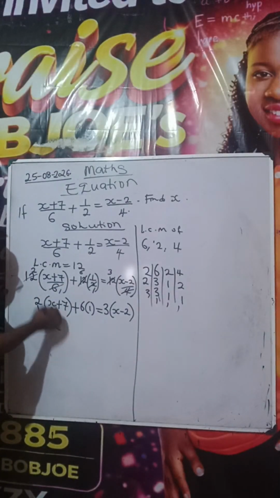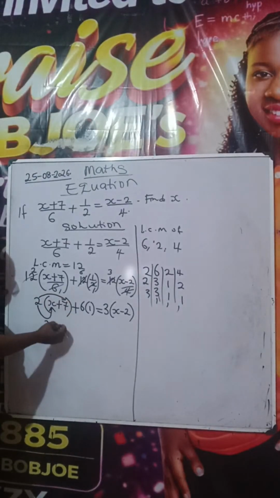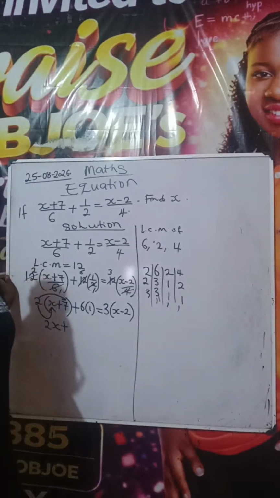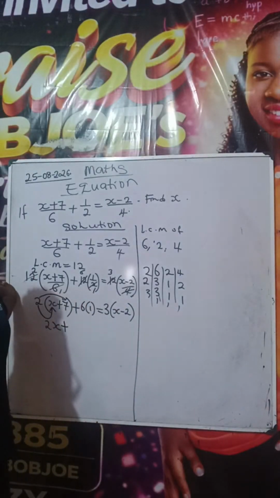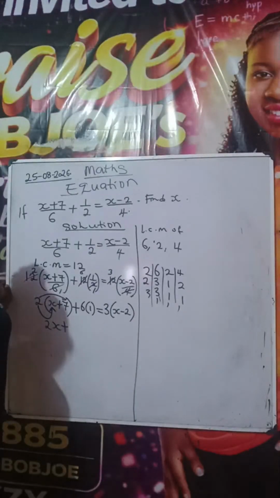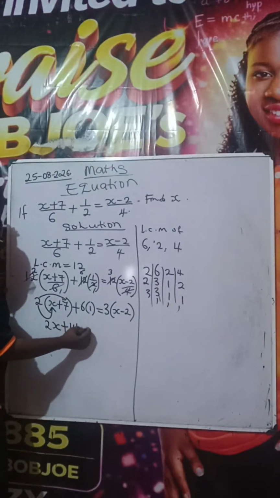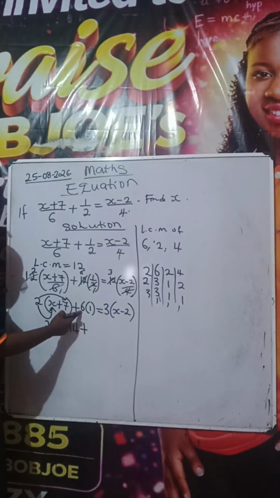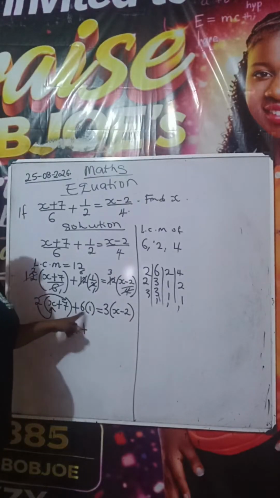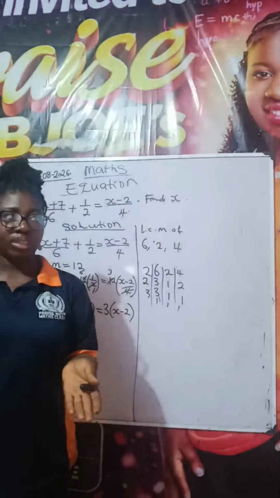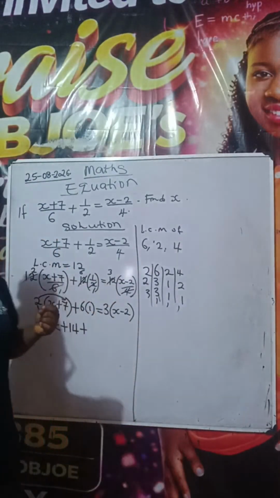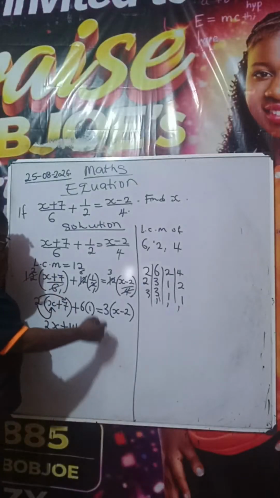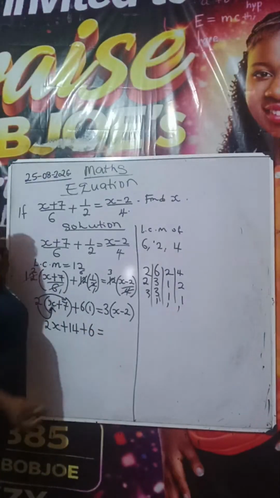Then 2 times 7. 2 multiply 7, what do we have? So 2 times 7 will give us 14. Okay, then plus 6 times 1. Look at this place. 6 times 1. If I multiply 1 by 6, I'll still get my 6 back. So we have 6 here equal to, good.